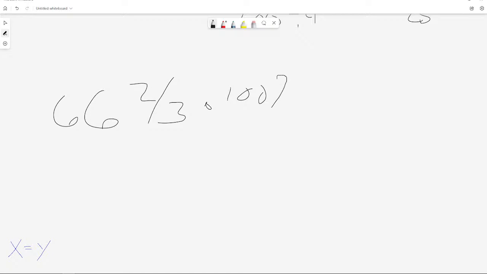Oh, you want to make sure you label things. Okay, now we want to divide by 100, which puts us right back to where we started from, doesn't it?